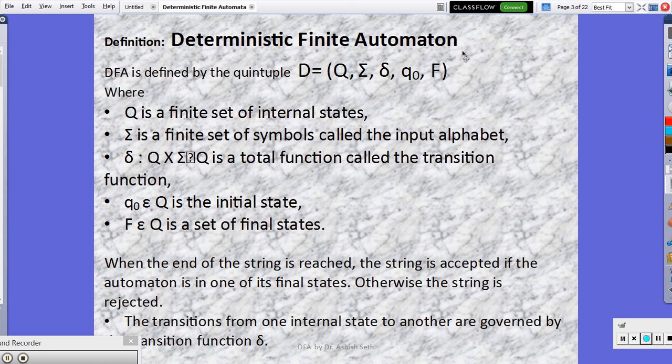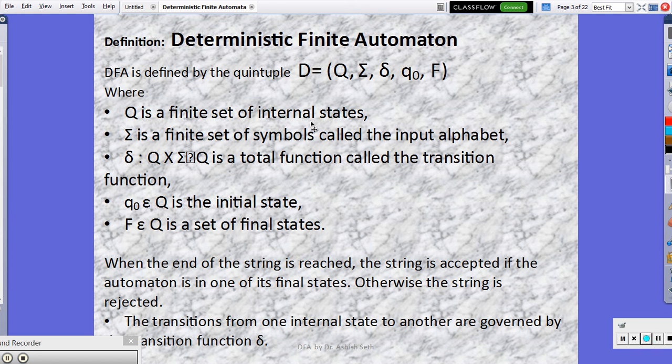Then the next is the transition function. For every automata, the transition function is very important. This function tells us how to actually make a move in the given automata. To make a move in the automata, we have to take one state and an input, and as a result we get one state.